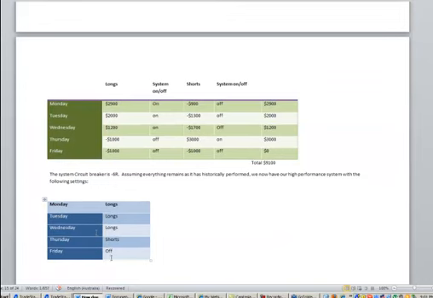So Monday, Tuesday, Wednesday, Thursday, Friday, and that's our high performance system. So if we've got our high performance system here, do we still need to track our pilot system?